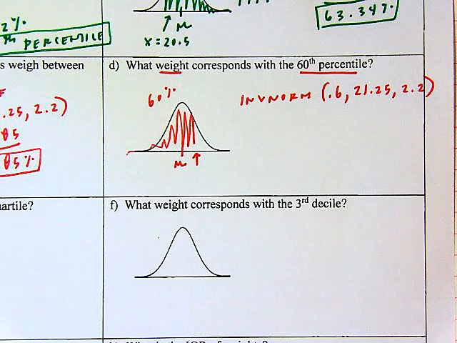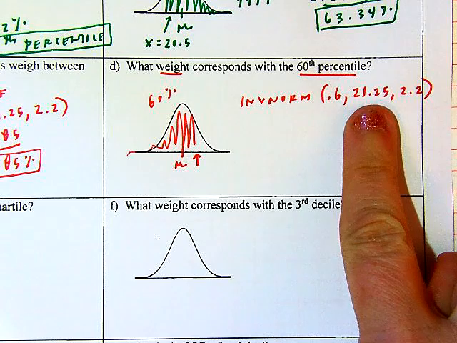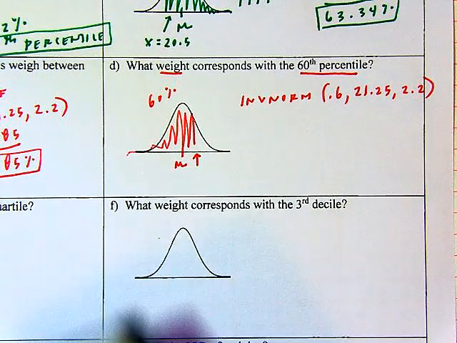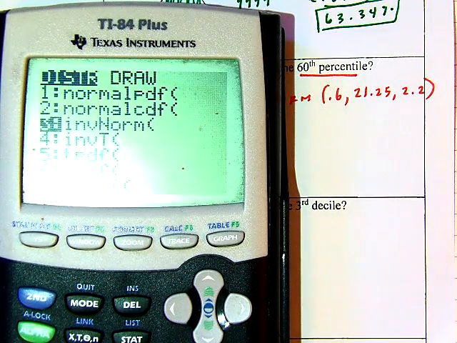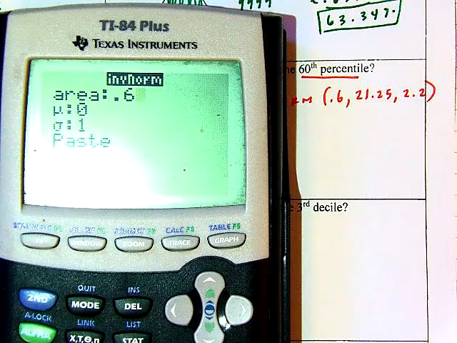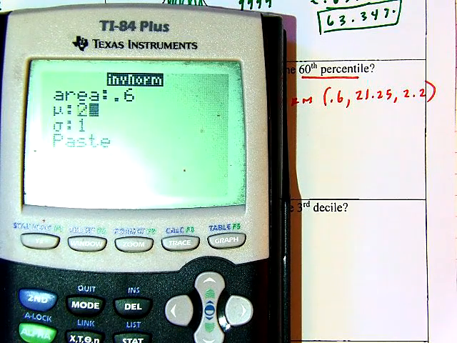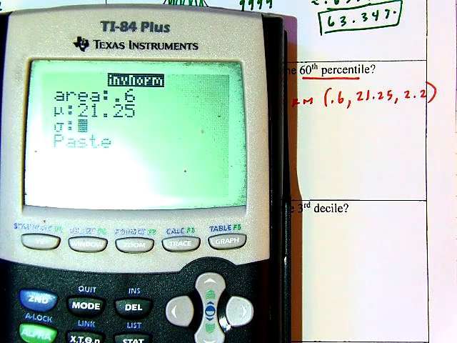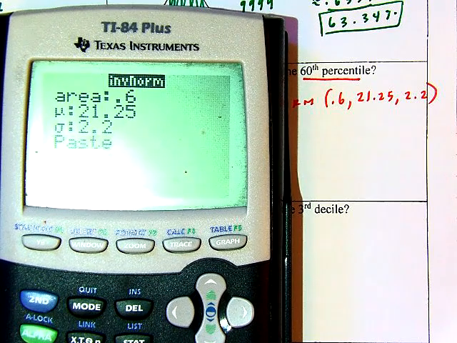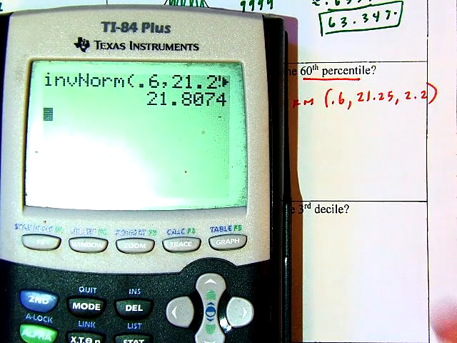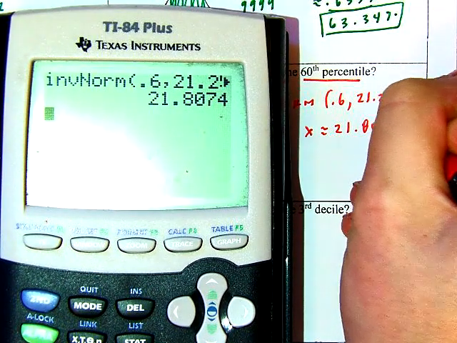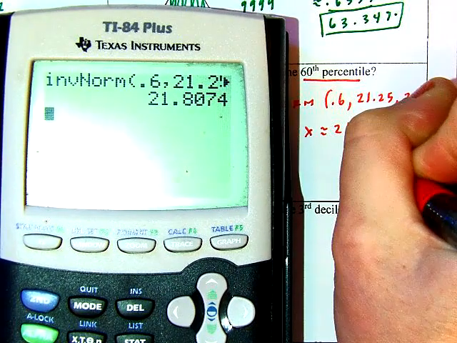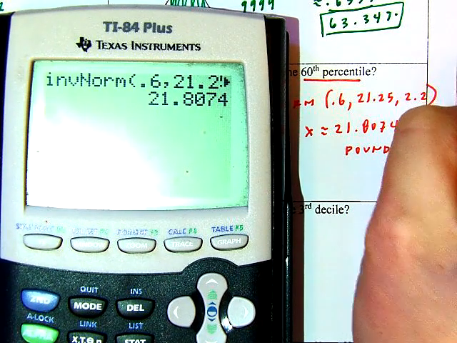So now it's not going to pump out the z-score, it's going to pump out the observation because I'm telling it what the mean and standard deviation are for this particular distribution. So I'm saying second vars, inverse norm, area below, proportion below is 0.6, 21.25 is average weight with a standard deviation of 2.2. All right, so it's going to say that would correspond to a weight of 21.8074 pounds.